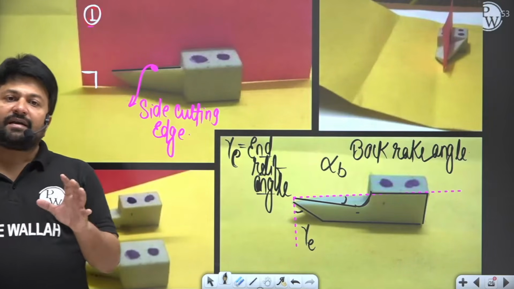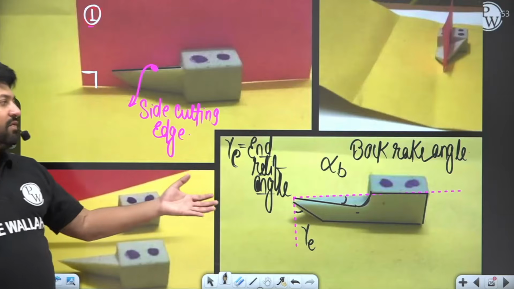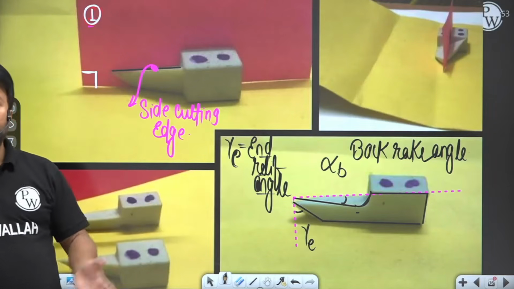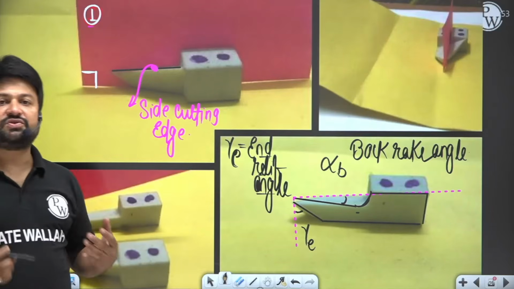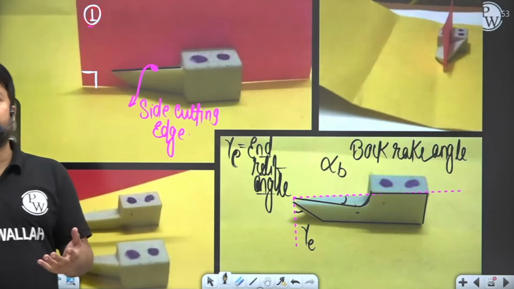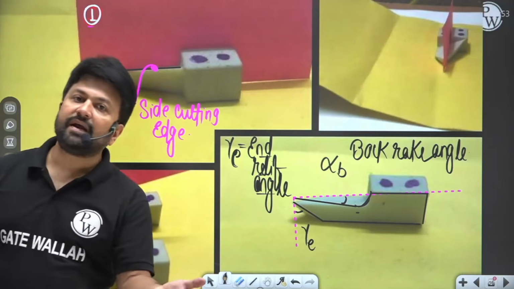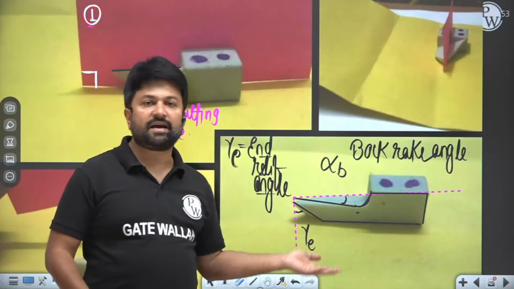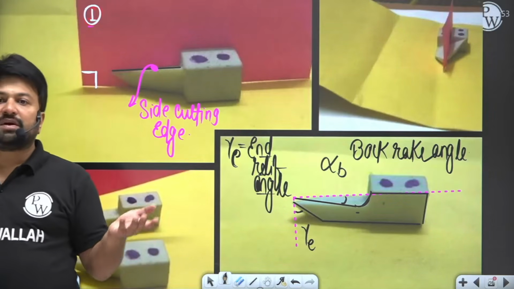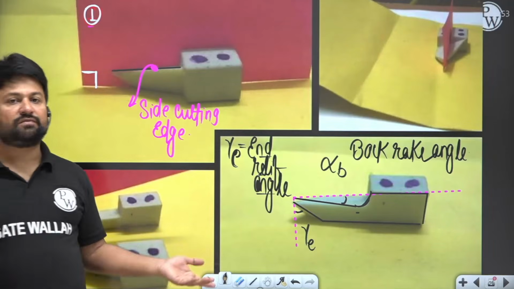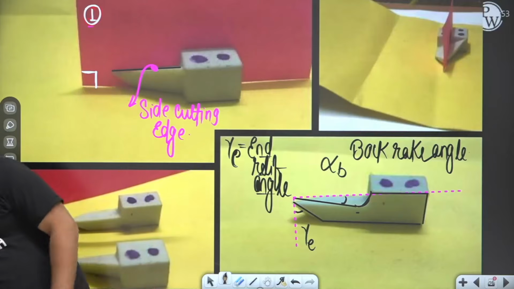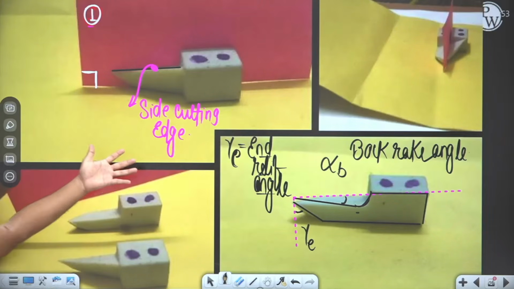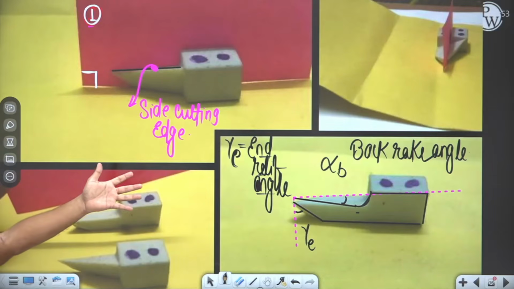The back rake angle is an angle between the face of the tool and the base of the shank or holder, and it is usually measured in a plane perpendicular to the base and parallel to the length of the tool. Either you can remember the definition or you can remember it with the help of this figure. I hope the thing is crystal clear.